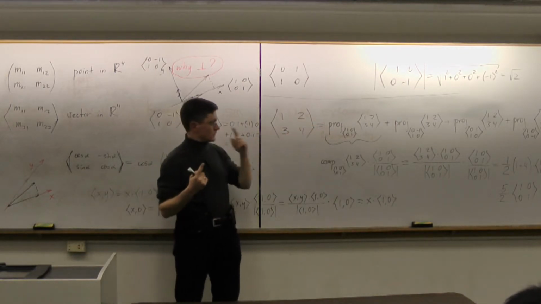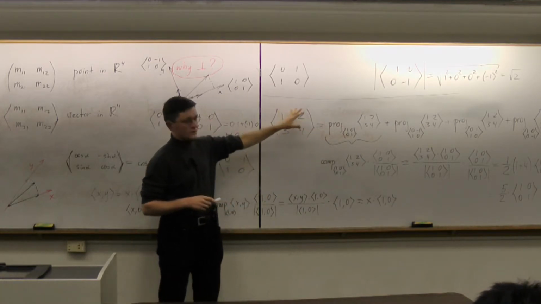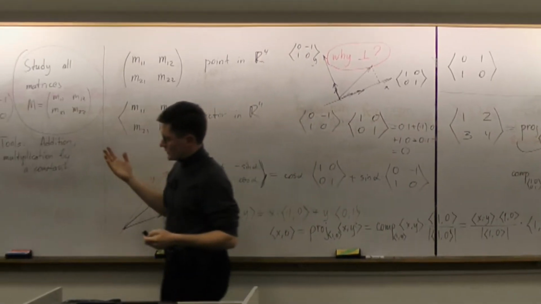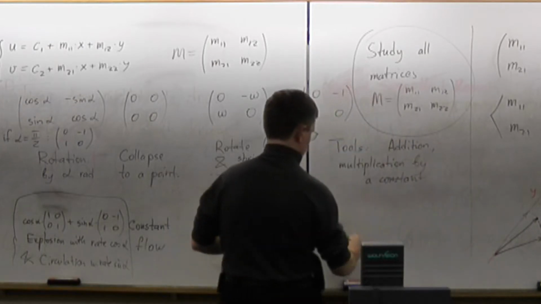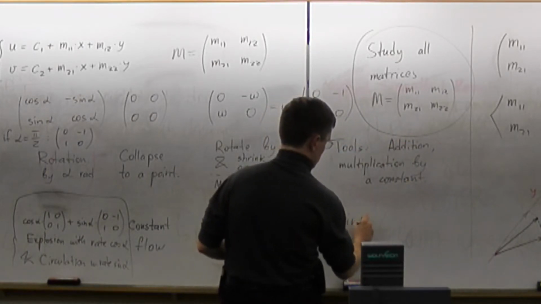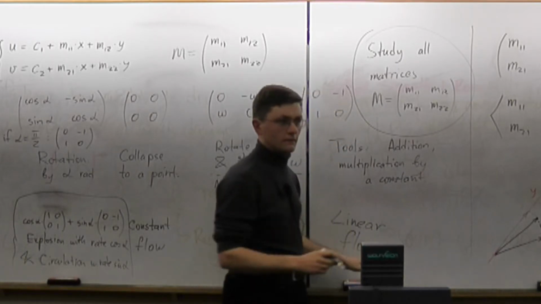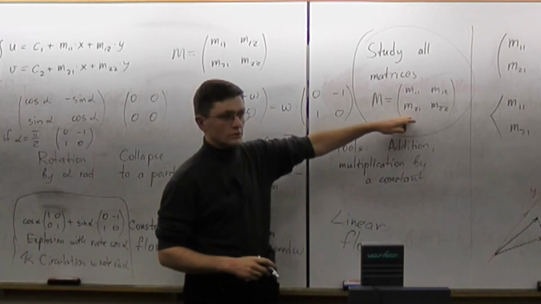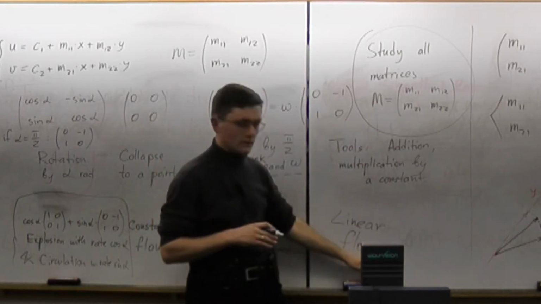So what we're gaining is that this space of all 2x2 matrices corresponds in some sense to all possible so-called linear flows, right? Those physics flows that can be determined by a 2x2 matrix, determined by a linear function, all right?